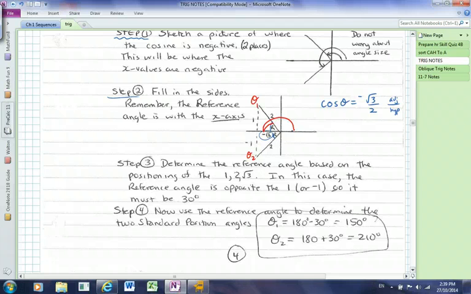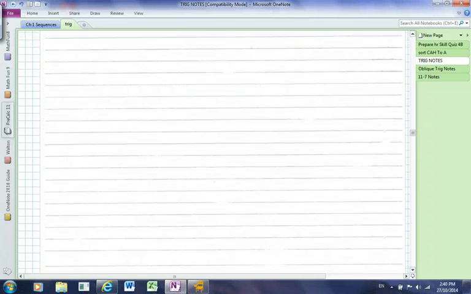And the second one is 180 degrees plus that 30 degrees, okay? So those two angles, 150 degrees and 210 degrees, will give the same cosine. You can punch them in your calculator if you don't believe me, because it'll give you the same decimal answer on your calculator, okay? All right, so that's how we do that.